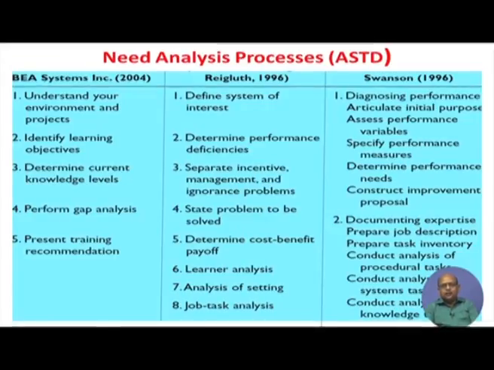Okay. In the other model, you see what your interest is, look at the performance deficiency, what else you can do, whether you can ignore it or whether you should go for it, and then look at the cost benefit of offering this program, the possible cost benefit in the sense that, if you are going to invest money in this kind of training and development activity, in what way it is going to benefit.